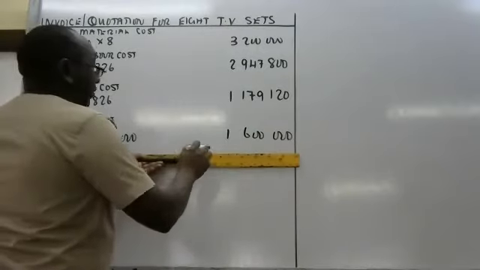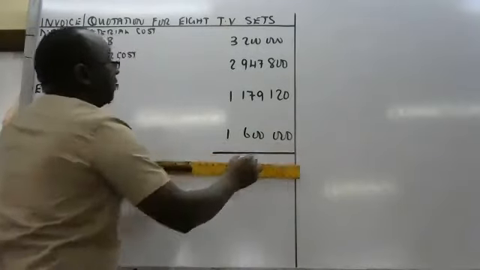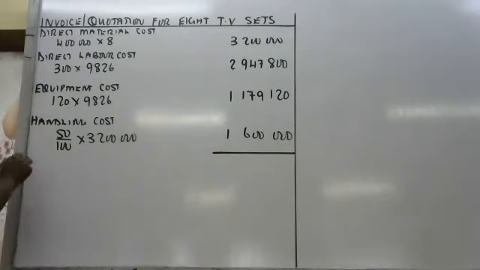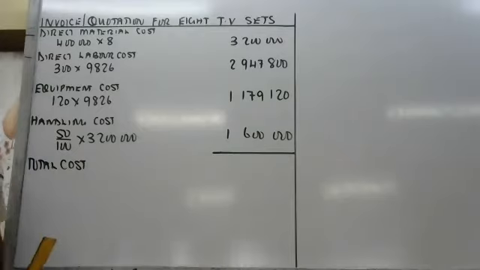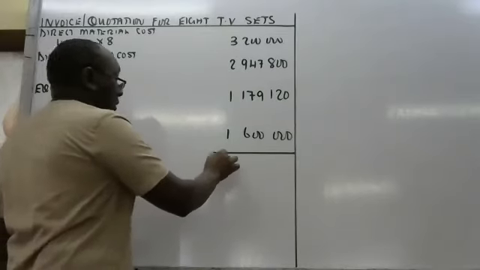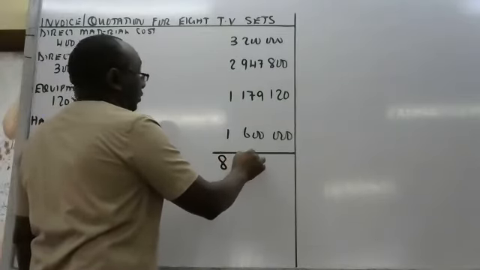So once you get here, the figure you get is called total costs, $8,926,920.